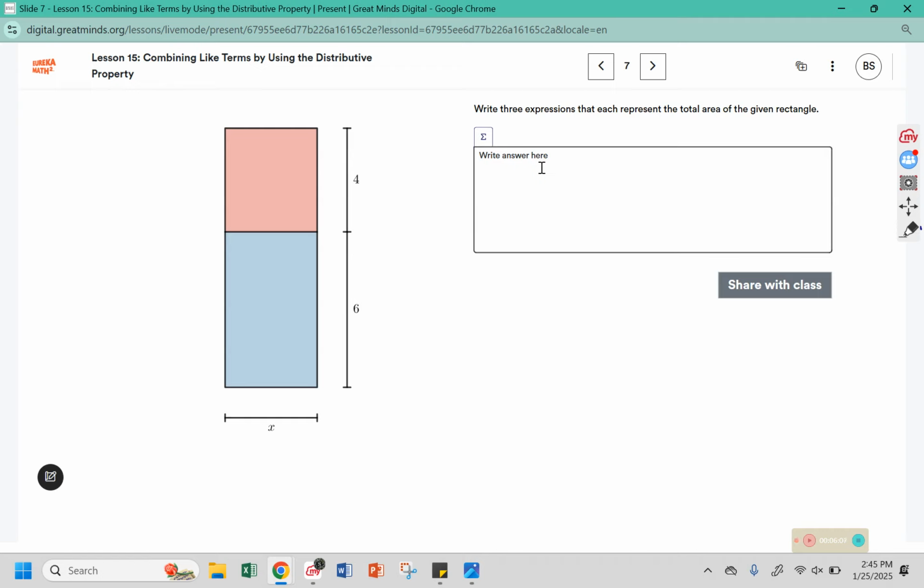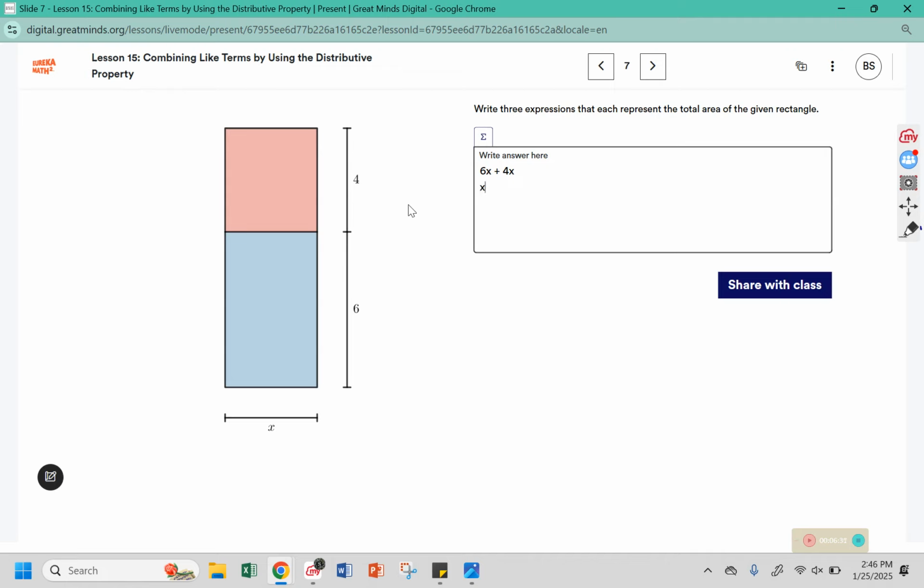Write 3 expressions that each represent the total area of the given rectangle. Well, I have that the first rectangle would be x times 6, so it's 6x. And then this one would be 4 times x, so 4x.